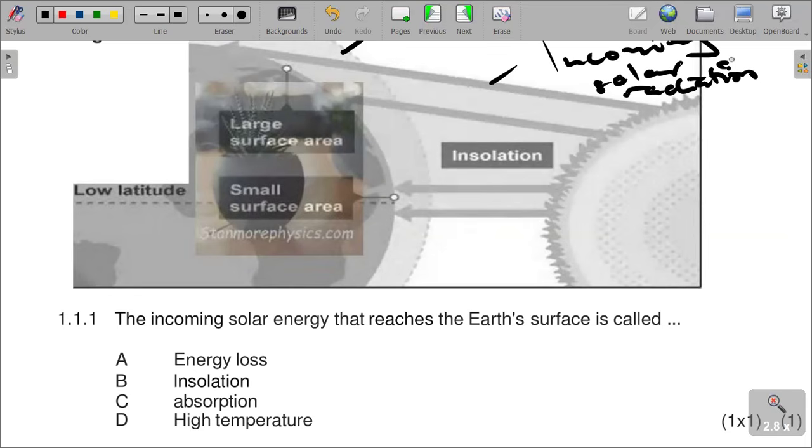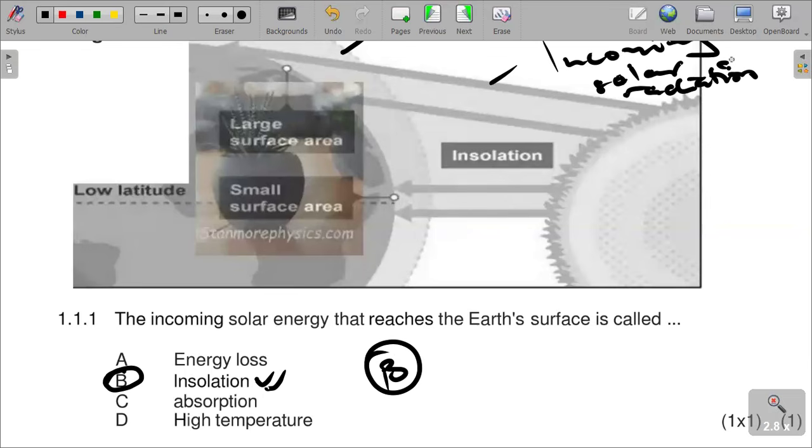When the solar energy is released and it reaches the earth, it is defined as insolation. Insolation is what we call incoming solar energy when it reaches the earth. We can talk about energy loss, but in this case this is not energy loss, it's incoming, and it is called insolation.